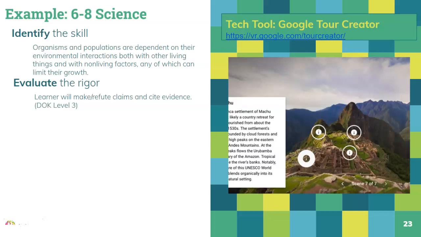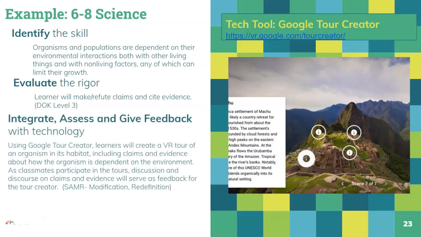The old way of doing this is dioramas, posters, and trifold boards, where we would do a research project on an animal within its environment. You might have pictures, and it's a very 2D experience. With Google Tour Creator, students can now create a tour within that environment, with pop-up pictures and pop-up video or voiceover about that animal. They could even link in their Google document.